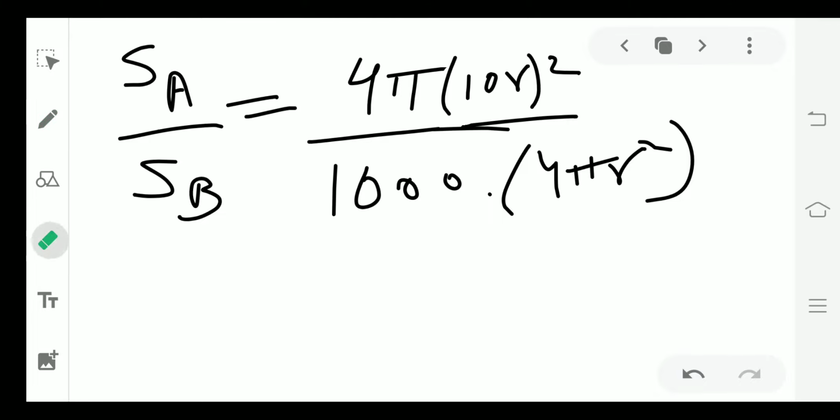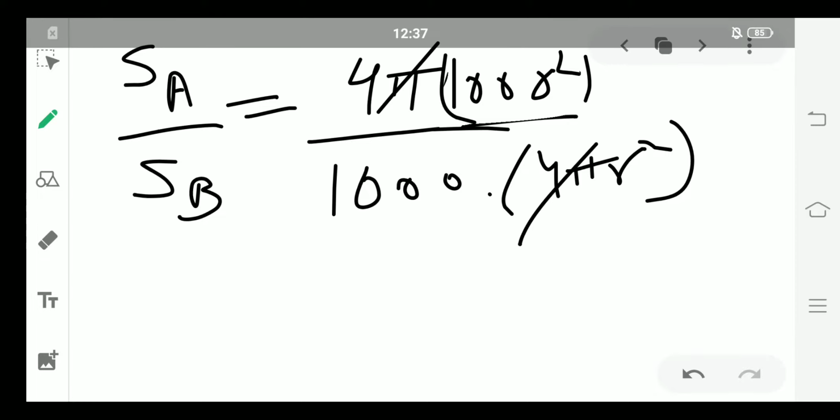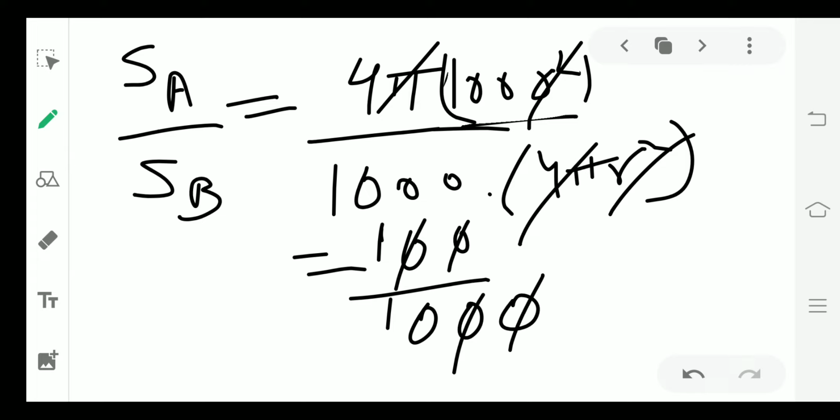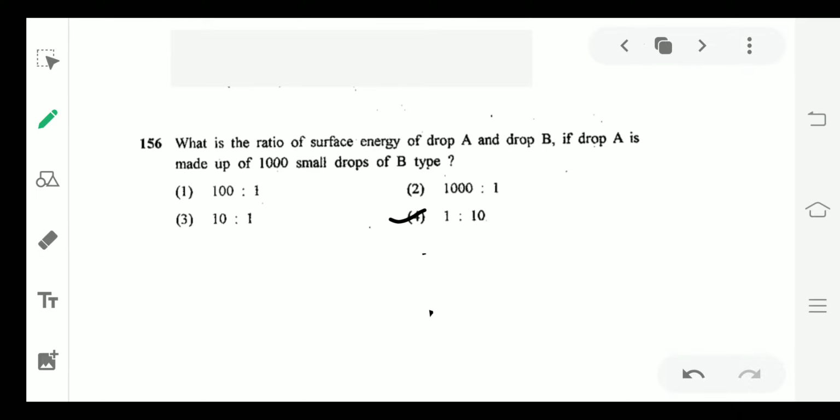Now squaring it, 10 square is 100 and small r square, so we get 100 small r square. The terms are cancelling here, 4 pi will cancel, r square will cancel, so the ratio will be 100 upon 1000. So the two zeros will cancel and 1 upon 10 is the ratio between the surface energy of larger drop to the surface energy of smaller drops. So our answer is 1:10.